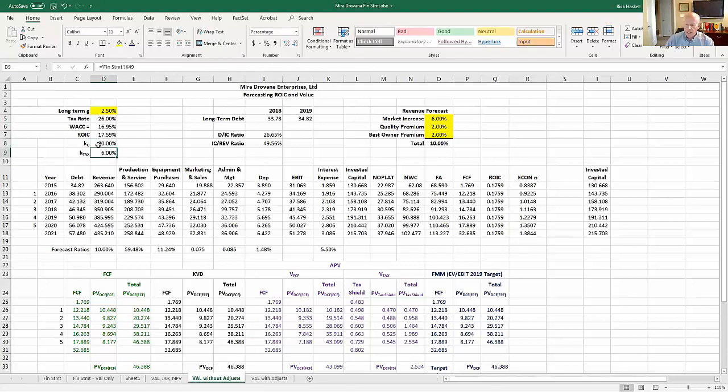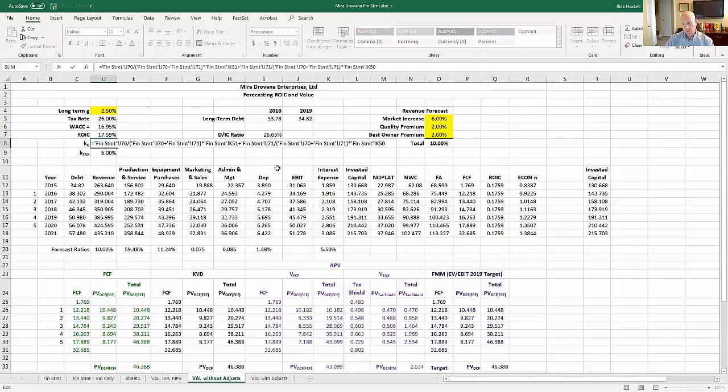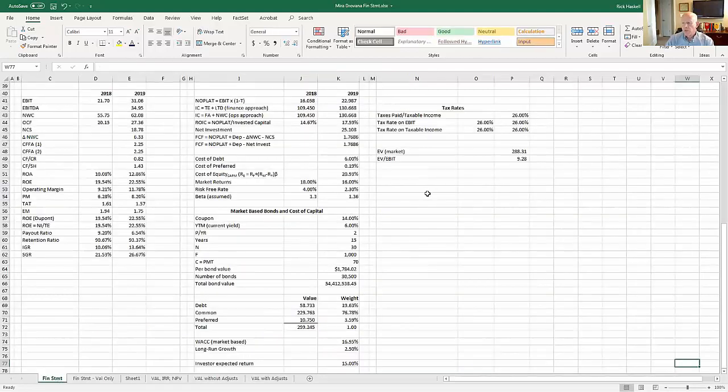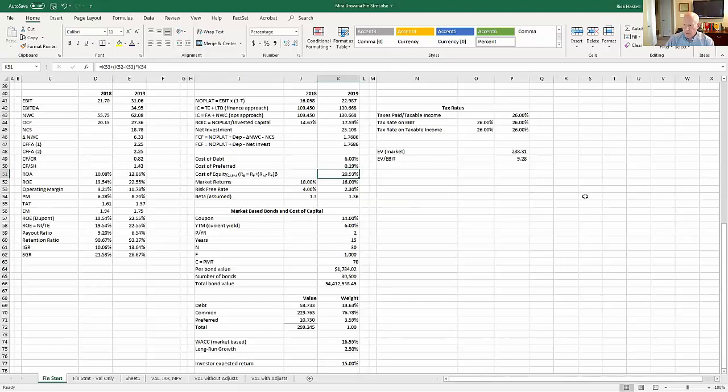Well, what is KU? As it turns out, KU can be found on another spreadsheet with an equation. Well, great. Let me go to that spreadsheet. This is a financial statement. For KU, or the cost of unlevered equity, we're going to use the cost of equity and the cost of preferred in an amalgam. What I mean by that is we're going to take a weighted average.